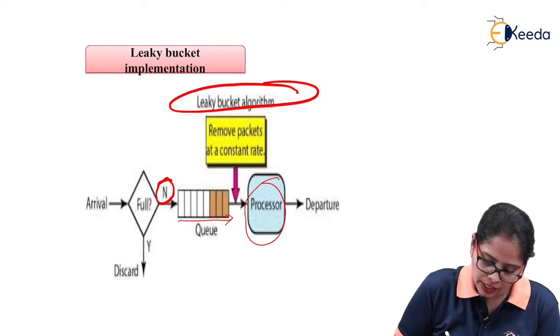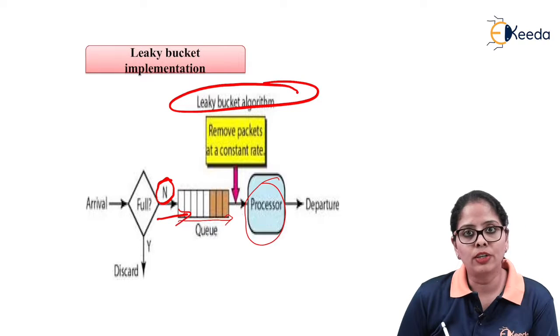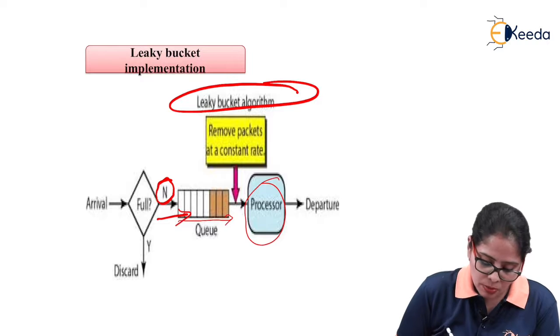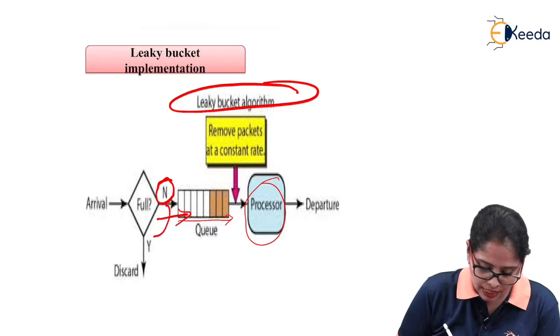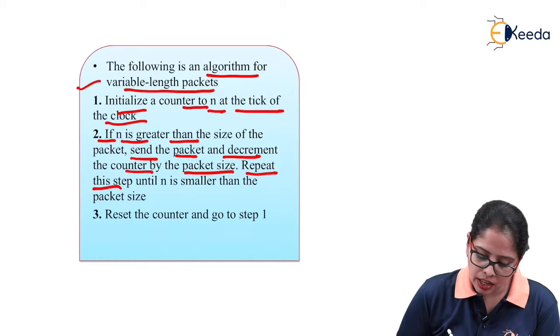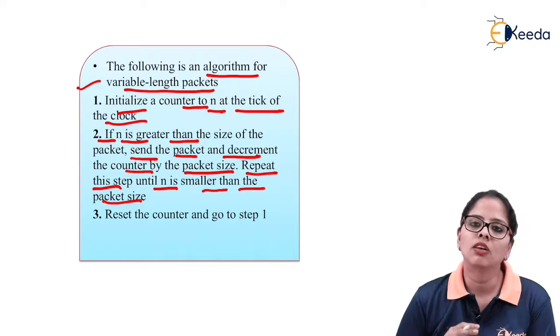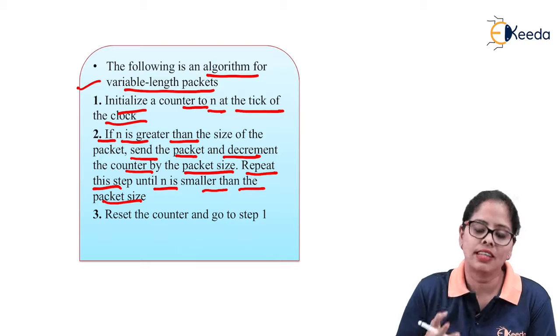Every time n is compared with the packet size, and if it is less than the packet size, then it will store the packet in the queue. This process will repeat until n is smaller than the packet size. Once it becomes smaller than the packet size, it again sets that value.